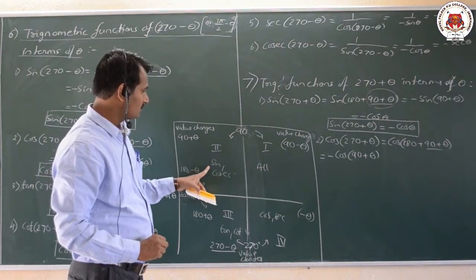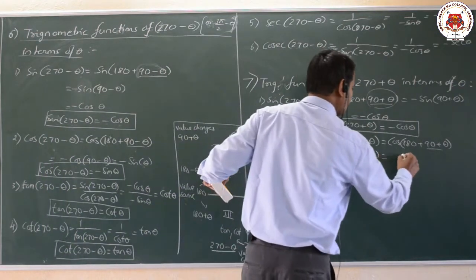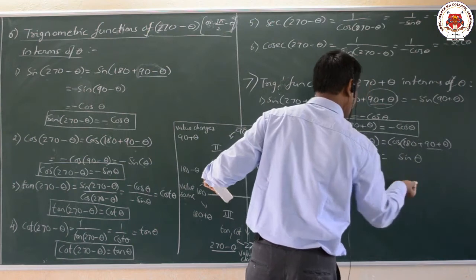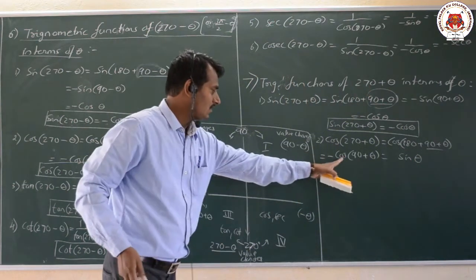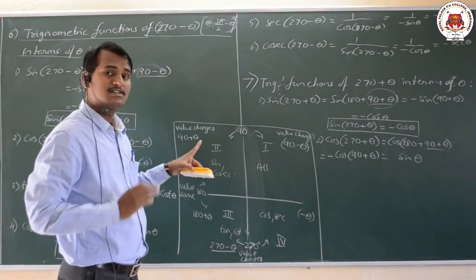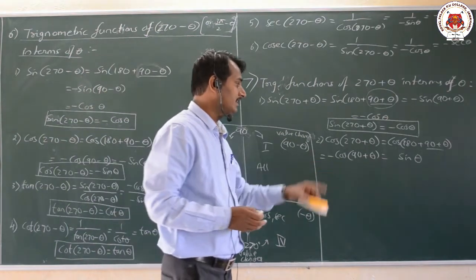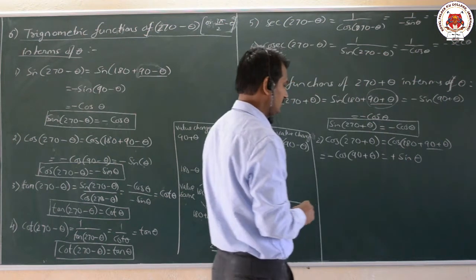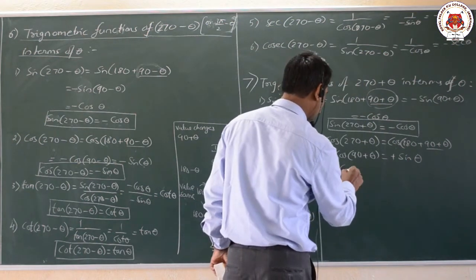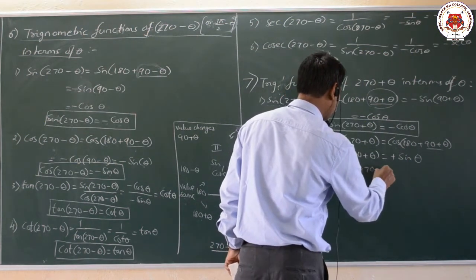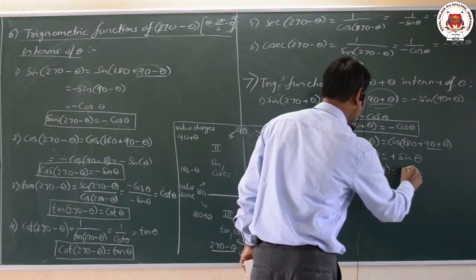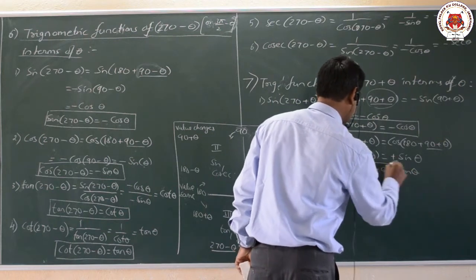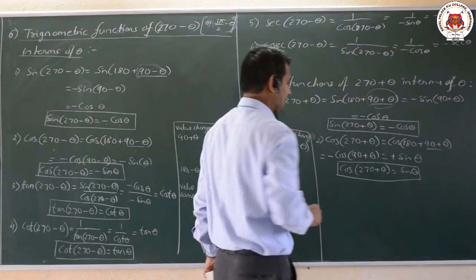In the second quadrant, cos becomes sine, sine theta, and along with that the cos value in the second quadrant is negative. So therefore minus into minus, we get the value as plus here. So cos of 270 plus theta will be sine theta.